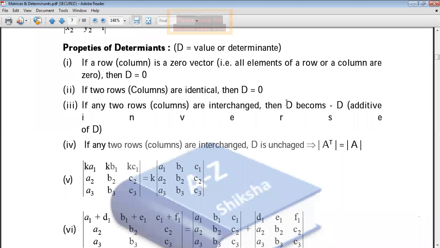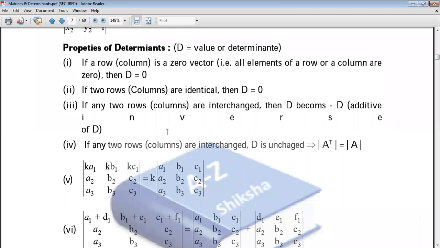Suppose the value of the determinant after expanding is 2, but if you change the two rows or columns, the result should be minus 2 in place of 2. Why? Because you are interchanging two rows or columns.